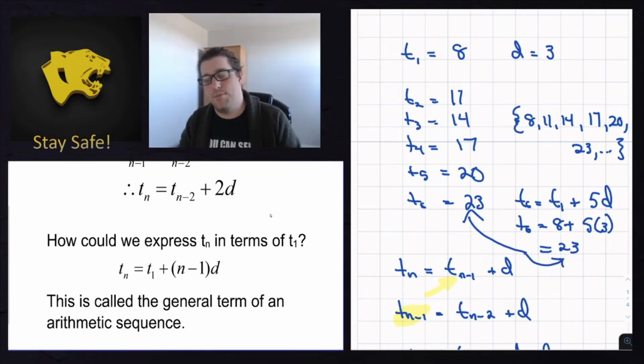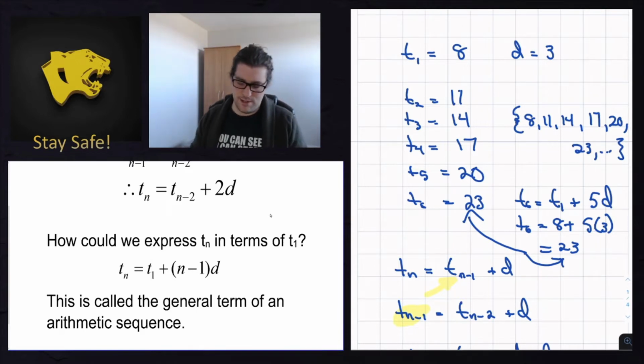The benefit to that is you never need to know what term 2, 3, 4, or 5 are. It's not that important if the list was like this, where it is only like 6 things long. But if I asked you what T100 was, you would be much happier to use the general term to be able to use T1 and 99 times the common difference.